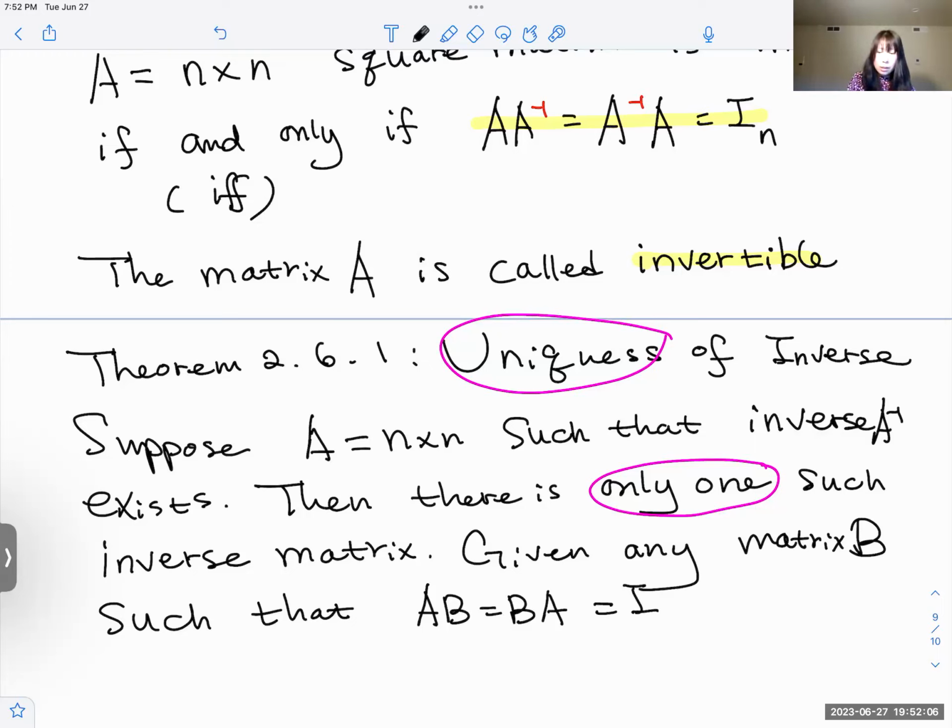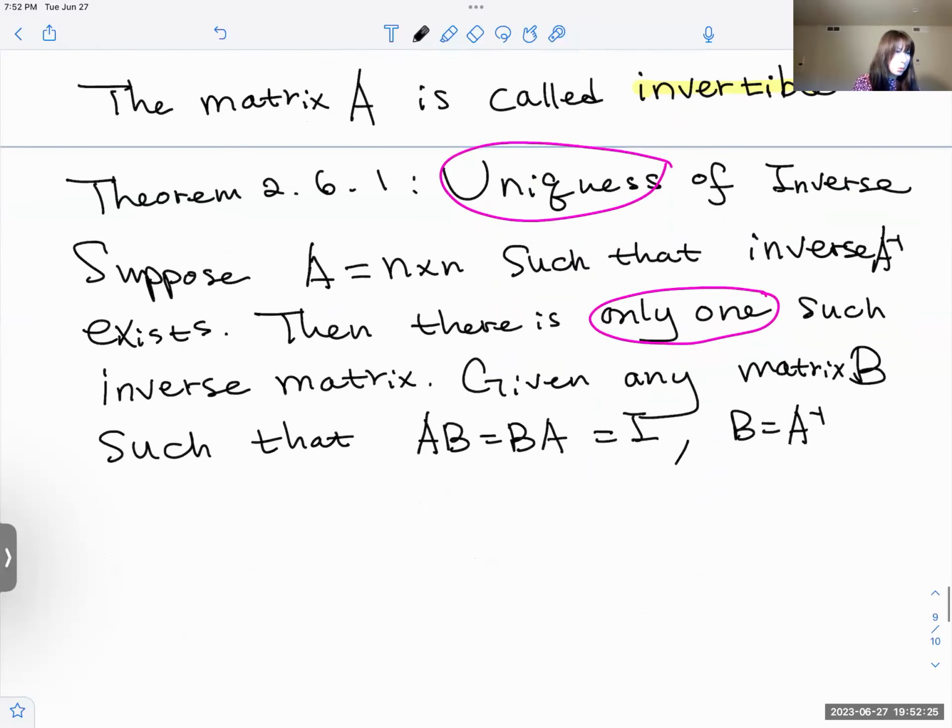Since the product of the two matrices gives the identity, then B must be the inverse of A, right? So we denote it this way: B equal to the inverse of A, right?